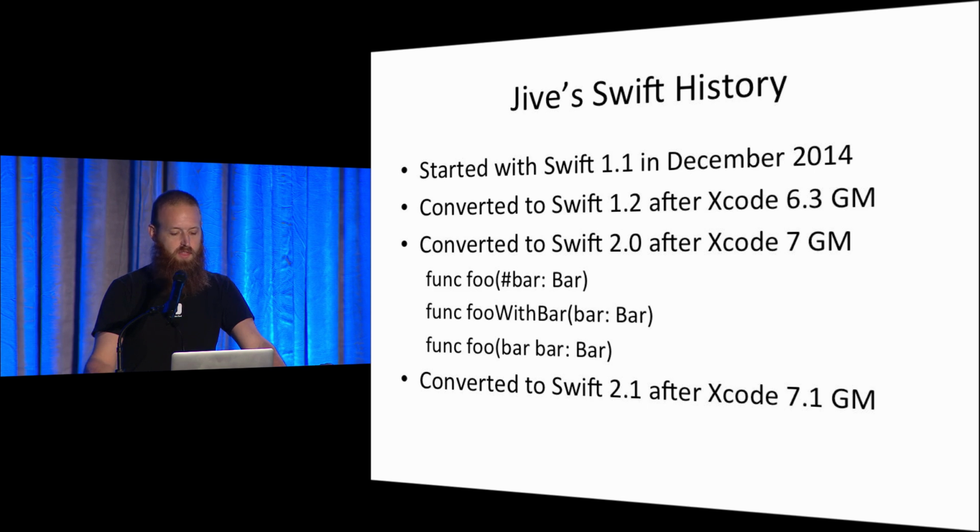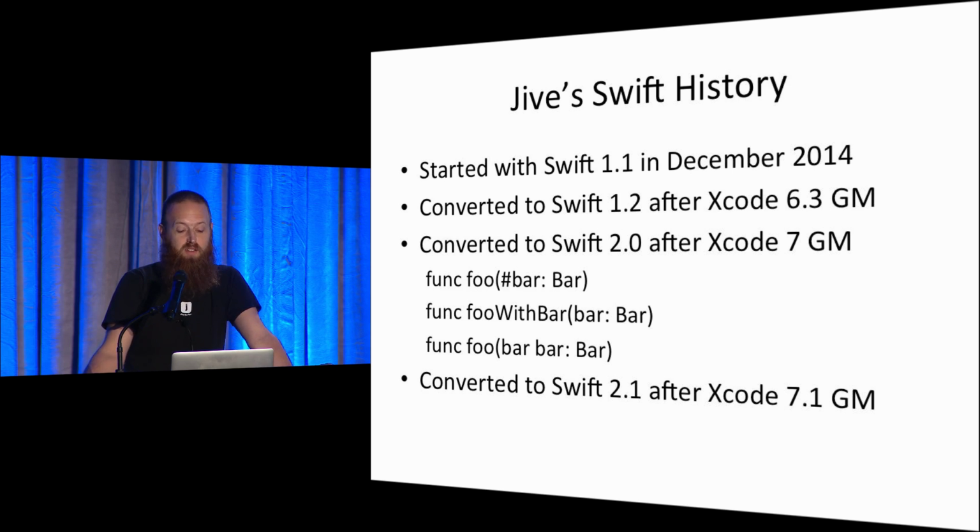But one thing that we ran into was, if you notice up there, we have the func foo and func foo hash bar. The idea there was that when you call the foo function, you need to supply the bar argument name. Apple's official recommendation was the second one, foo with bar, which you're probably familiar with from Objective-C.